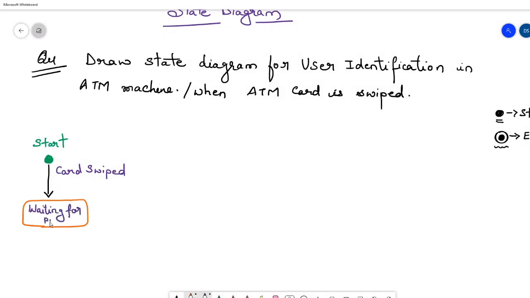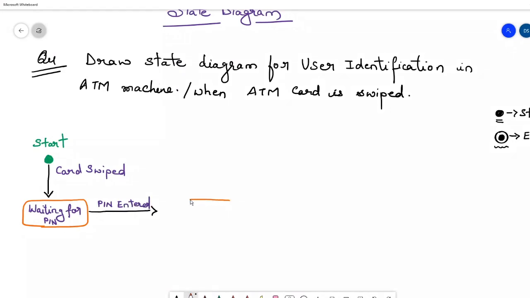Now the next transition: pin entered. Okay, so when the pin is entered, what would be the change in the state?